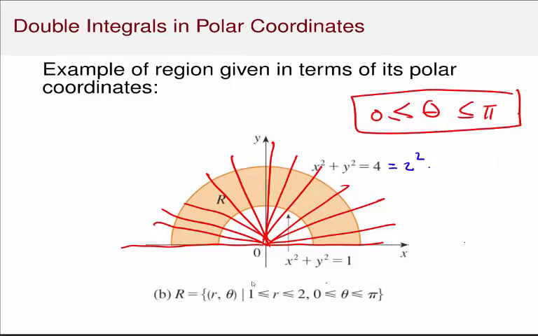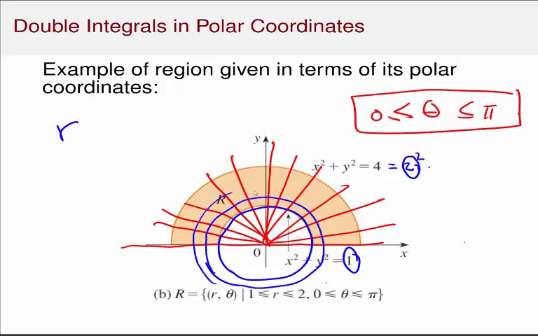Alright, let us now determine the range for the variable r. For this, we shall be looking at circles intersecting the region R. First of all, notice that any circle of radius smaller than 1 and bigger than 2 will not be intersecting the region R. In fact, the circles that intersect the region R are circles whose radius are between 1 and 2.